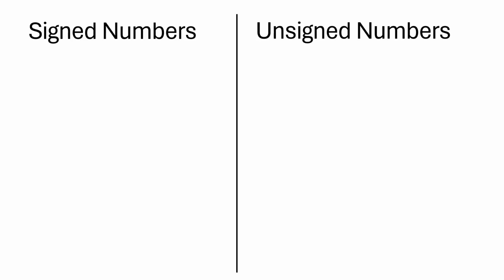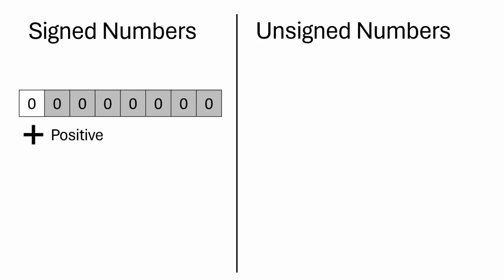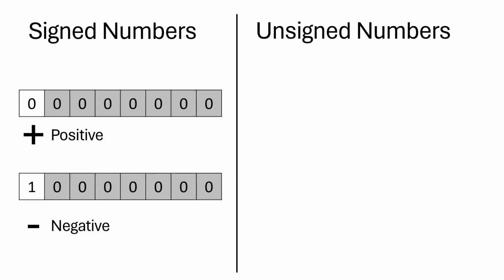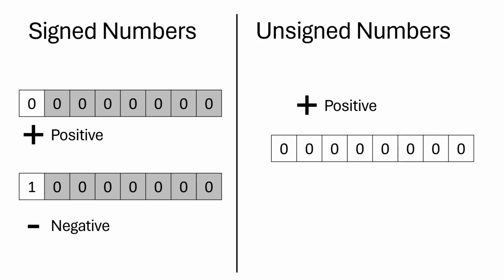Now it's important to point out that not every binary number with a 1 in the highest bit is negative. In a computer program, a number can be signed or unsigned. If a number is signed, it is positive when the highest bit is set to 0 and negative when the highest bit is set to 1. If the number is unsigned, the highest bit is simply part of the number and it is always positive.